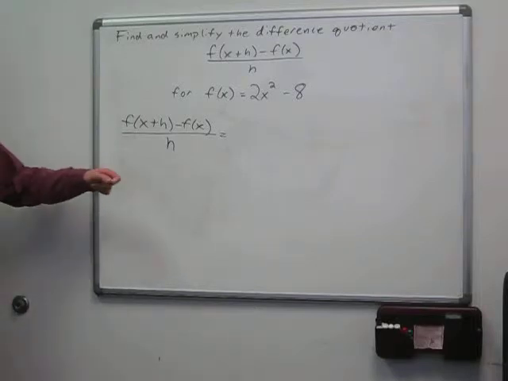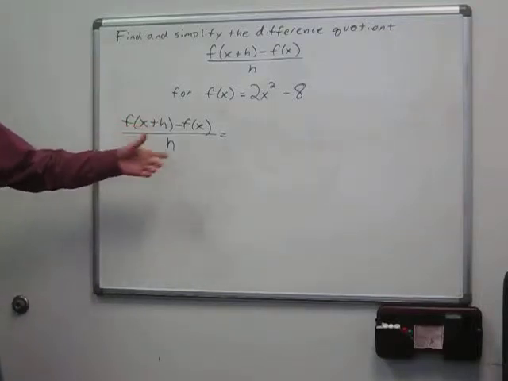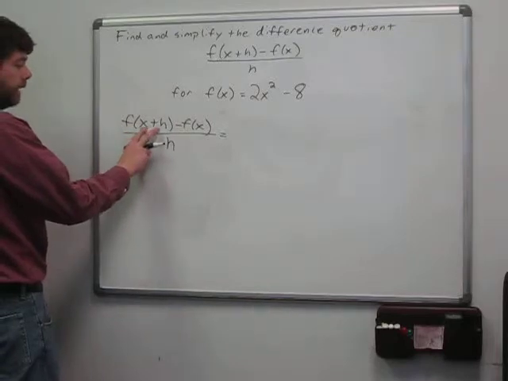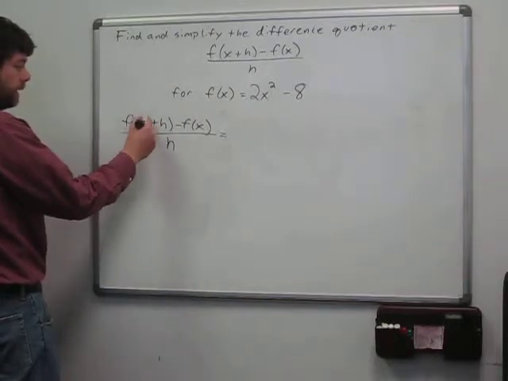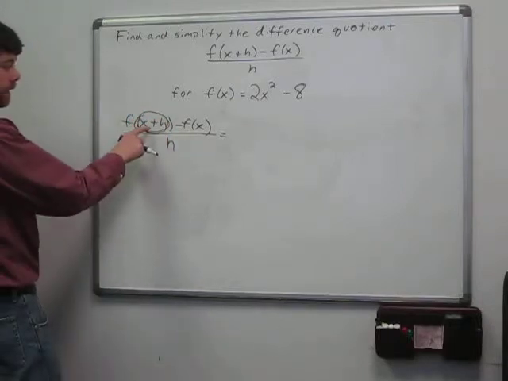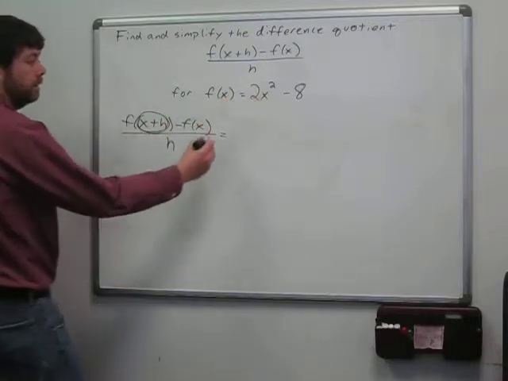Okay, well, we're going to start by just taking this expression and making appropriate substitutions into the function that we're working with. If we want to find f of x plus h, the entire expression x plus h is inside these parentheses. That's telling us to take x plus h and substitute it into our x.